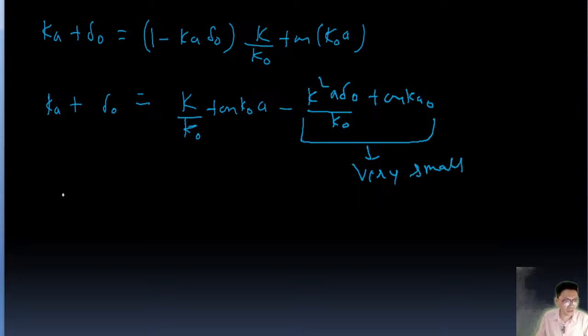So from here, ka plus delta naught is going to be k upon k naught, this is ignored, right, so this is k tan k naught a.